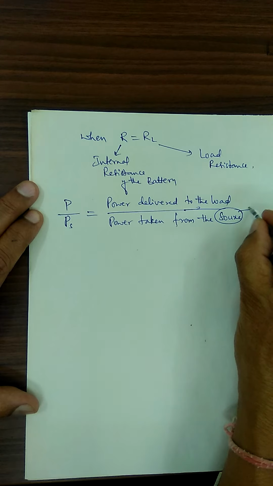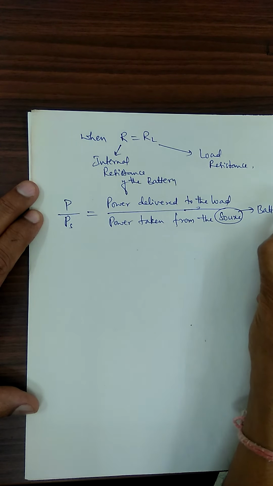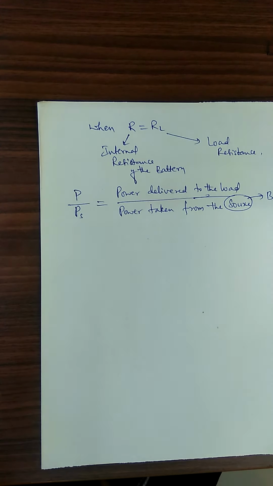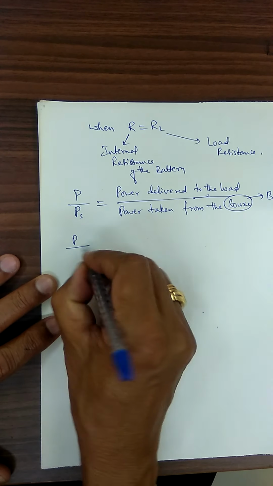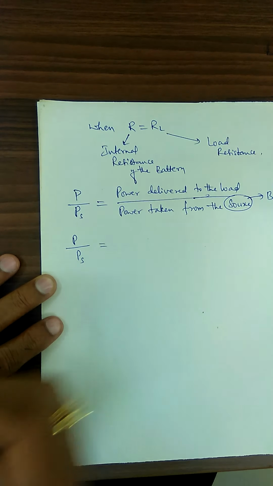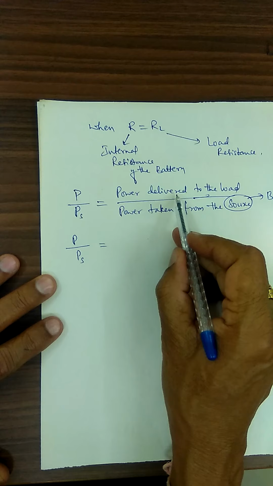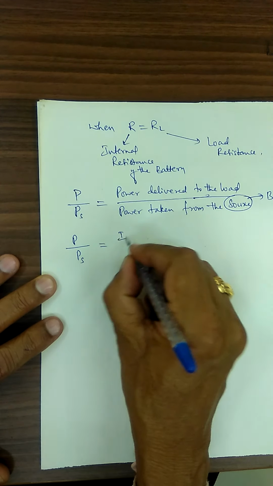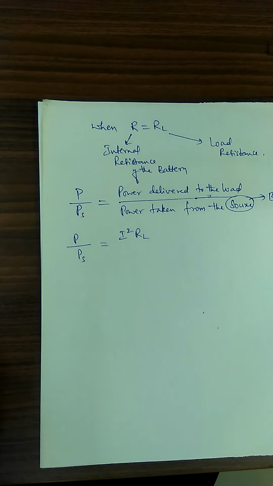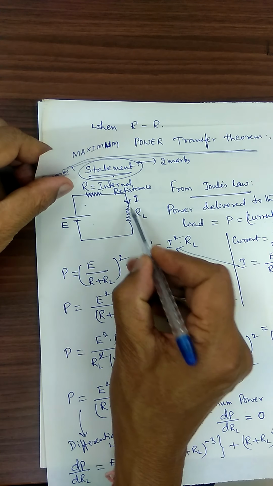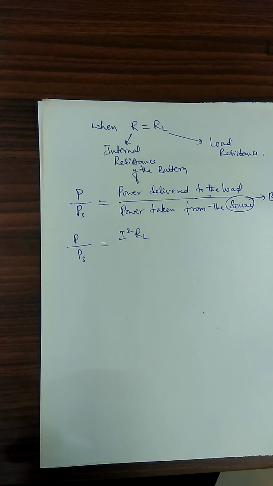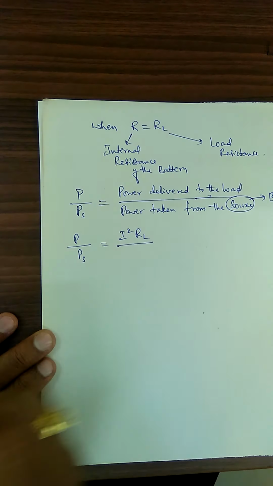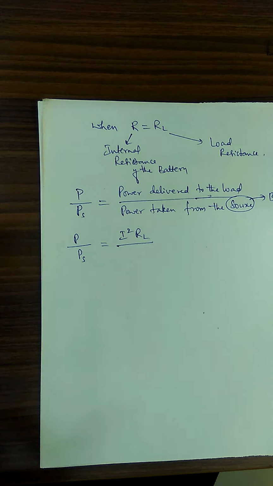Sir, what is that source? Source means it is a battery, nothing else. So therefore, P divided by PS is equal to power delivered to the load, which is current square into RL, divided by power taken from the source.